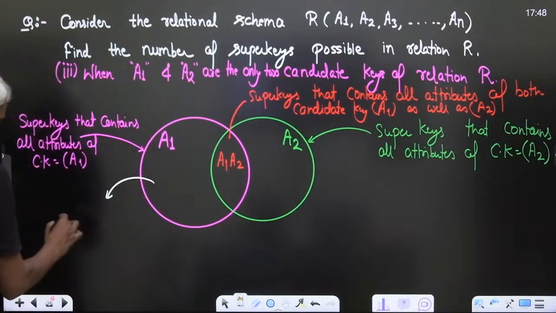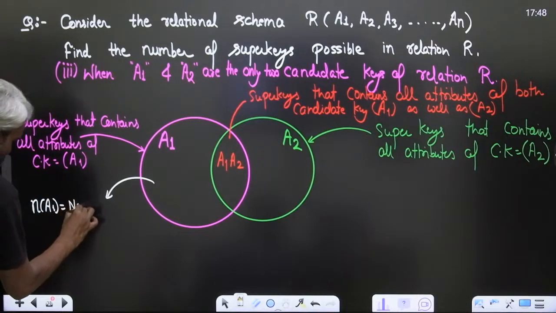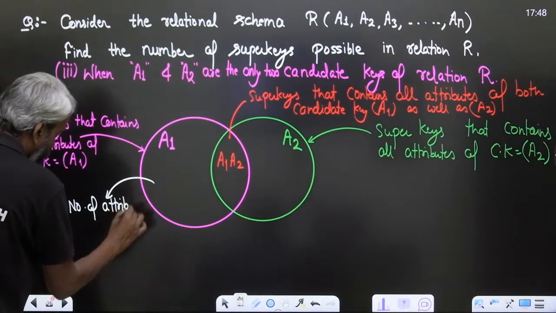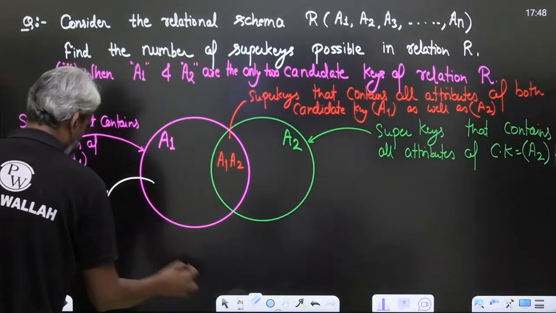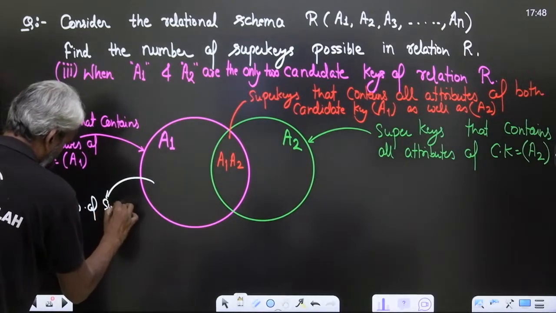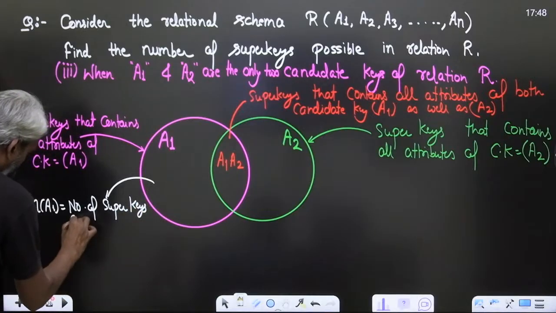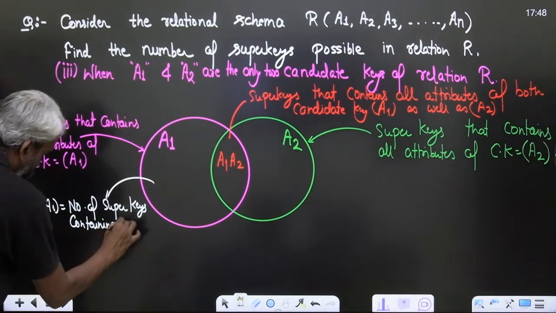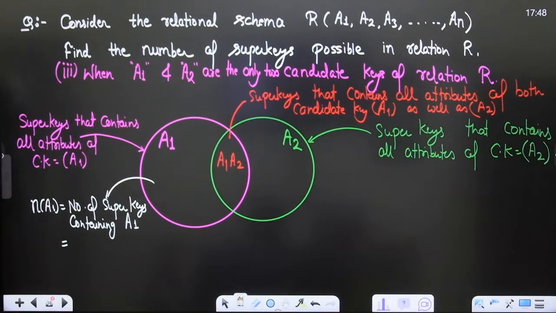Let's say NA1 represents the number of super keys containing A1. How many such super keys will be there?